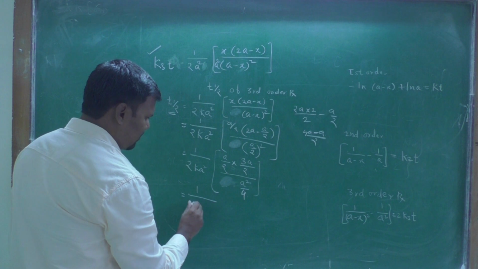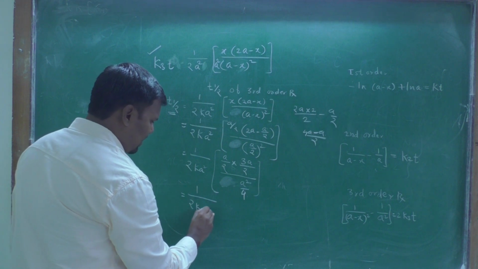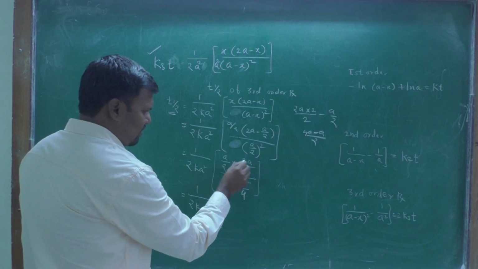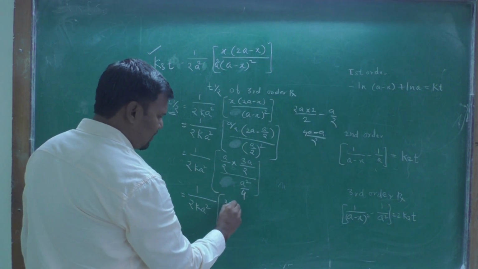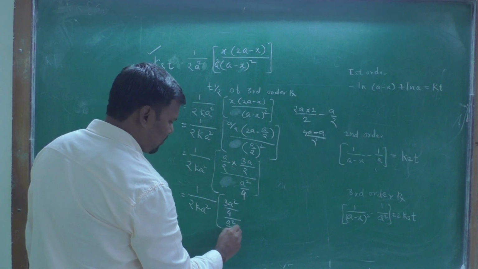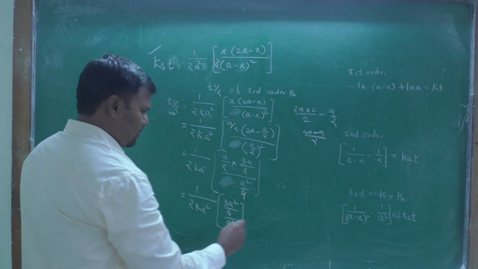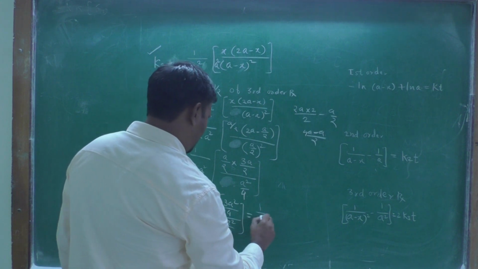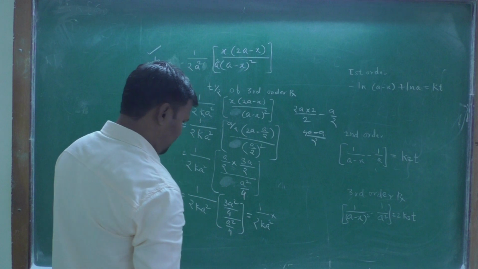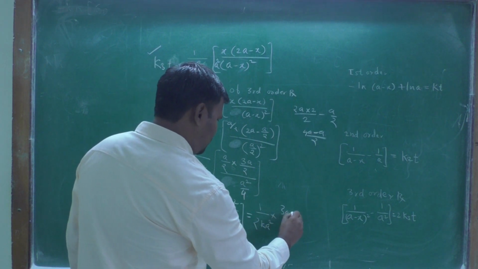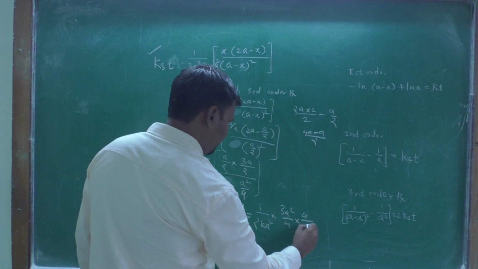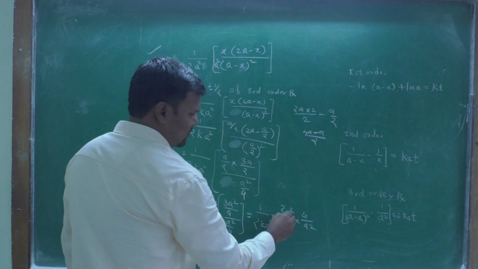So 1 upon 2k a square, here 3a by 2 upon a square by 4, becomes equal to 1 upon 2k a square into 3a upon 2 into 4 upon a square.